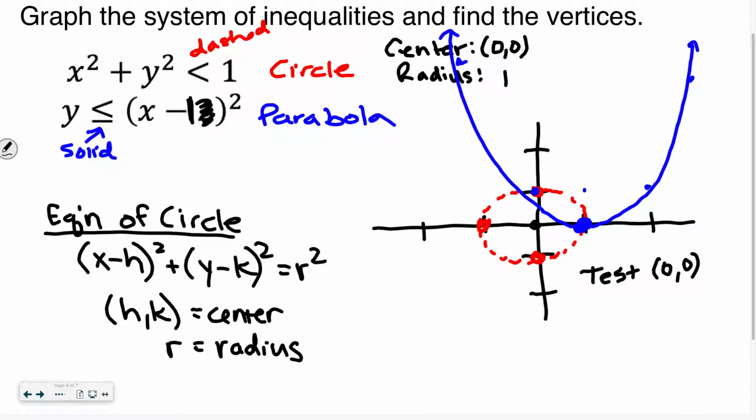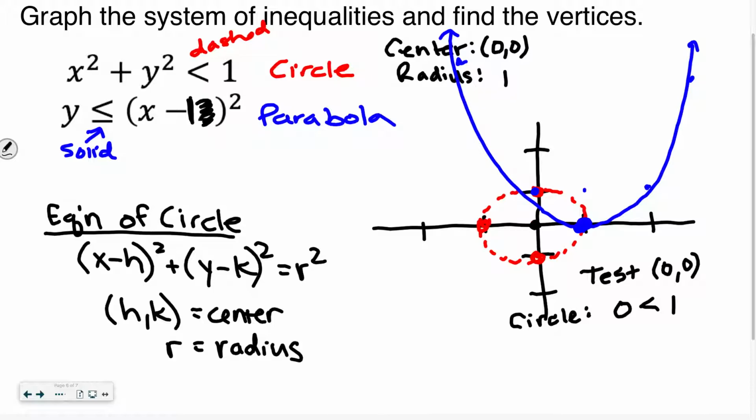So for the circle, I put 0 in for x and 0 in for y, and I get 0 is less than 1. Is that true? Oh, yes it is. 0 is less than 1. I would rather have $1 than $0 because 1 is more. Yes? Okay, so that means that the circle, 0, 0 in the middle, should be shaded. And so I would be shading inside the circle.